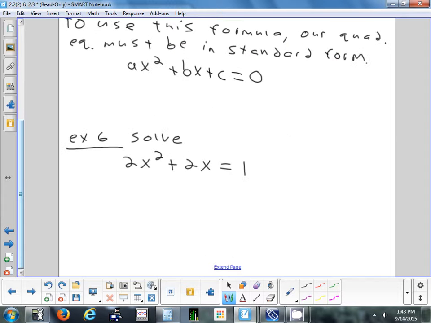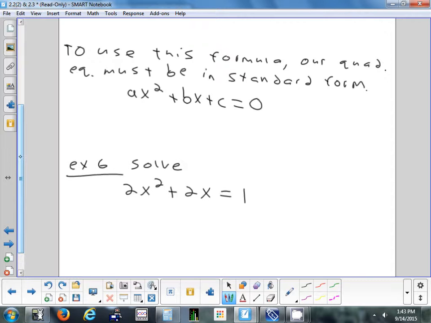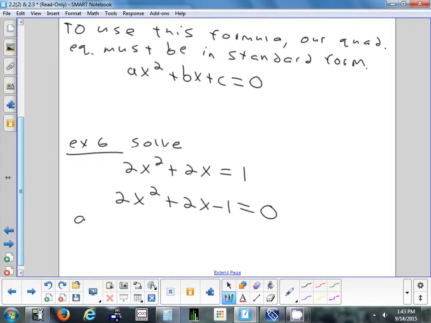Okay, what's my first step? Here, this isn't quite ready yet to plug in. Yeah, set it equal to 0. 2x squared plus 2x. Bring the 1 to the other side. Okay, next, let's just identify A, B, and C. Okay, what's A here?